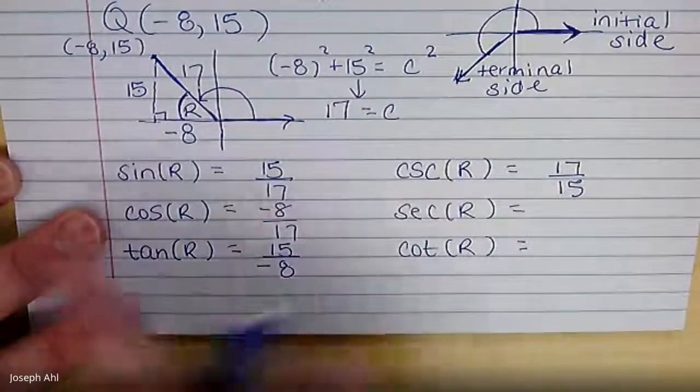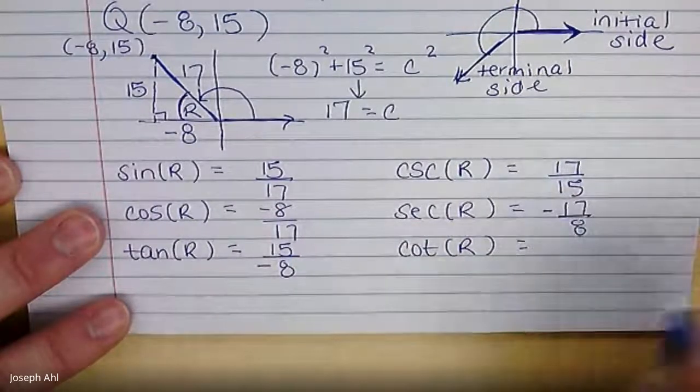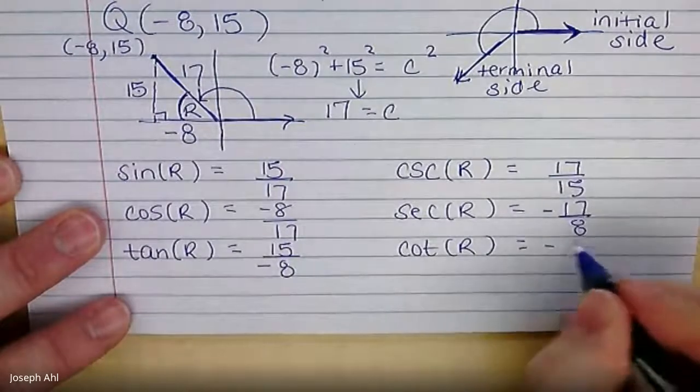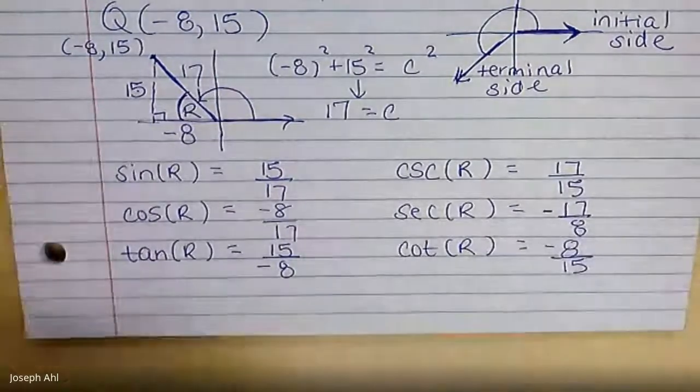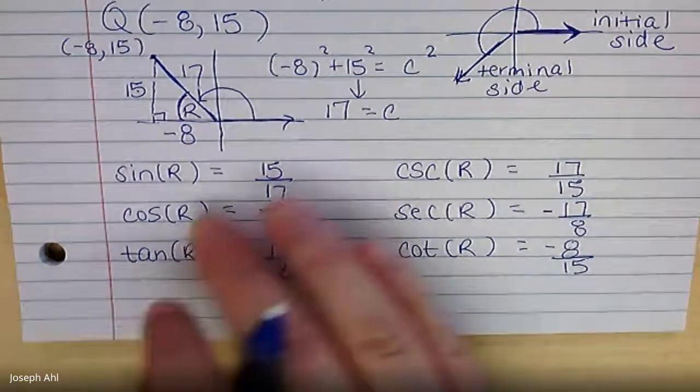So if I flip the ratio for cosine, secant would be -17/8, and finally cotangent would be -8/15, something like that. So given a point on the side where the angle ends, which is called the terminal side, we can figure out the value for all 6 trig functions.